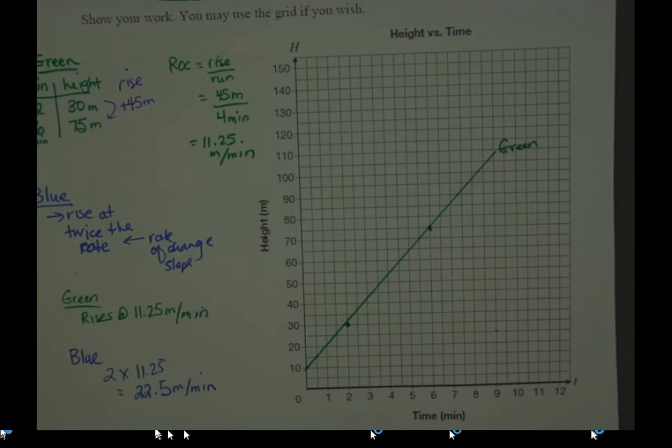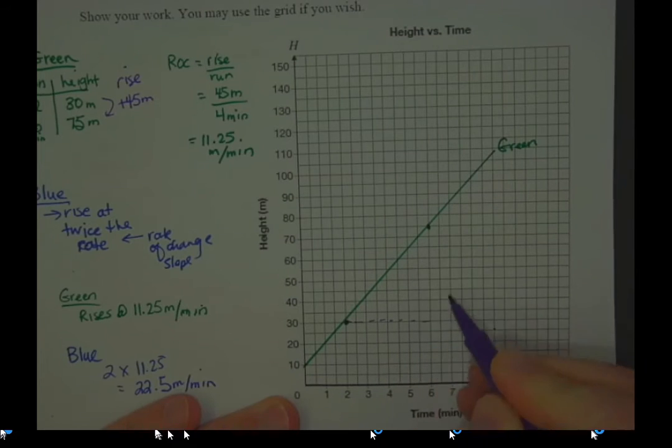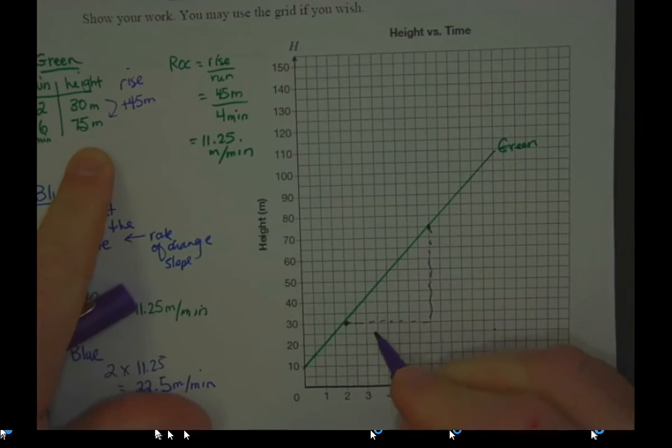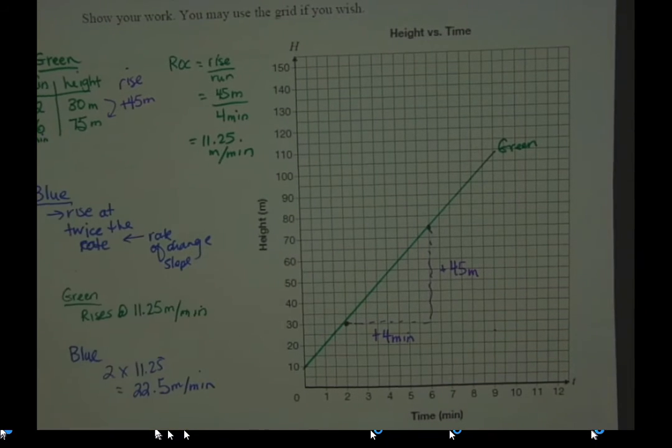And we can find the rise and run. But we know that the rise and run represents the same thing that we did here. Here we went 4 minutes this way, and this way we went up 45 meters. All right.